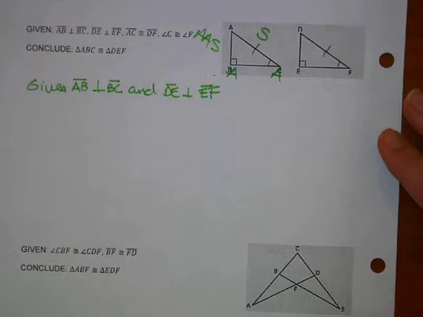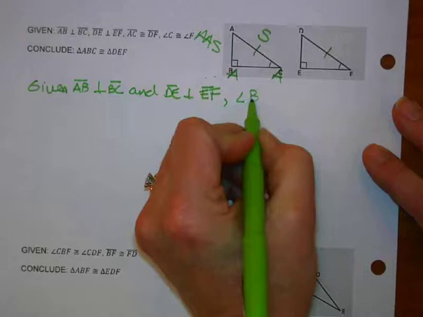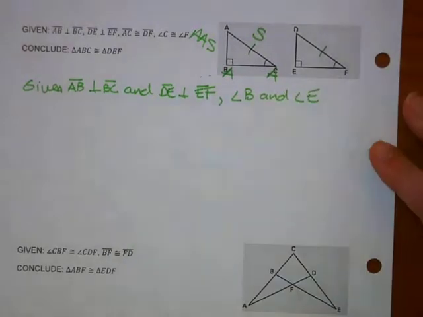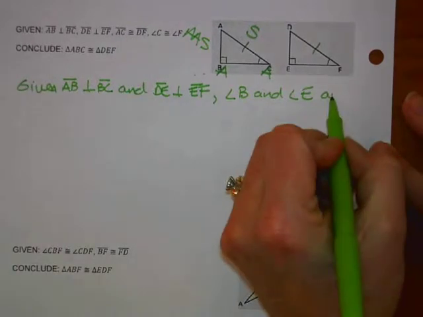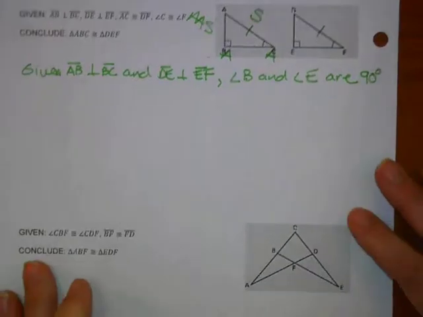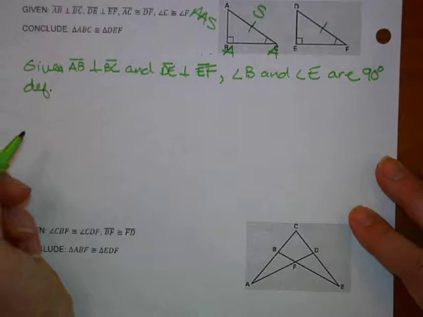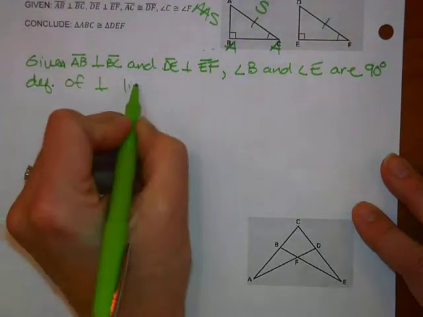Given that those two are perpendicular, I can say that angle B and angle E are how many degrees? 90 degrees. By the definition, I'm abbreviating definition, of perpendicular lines.